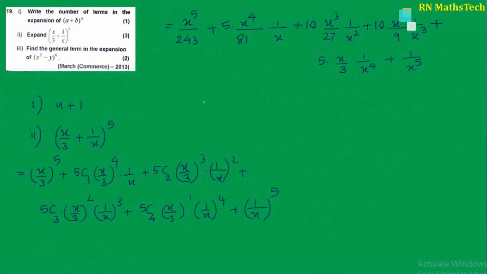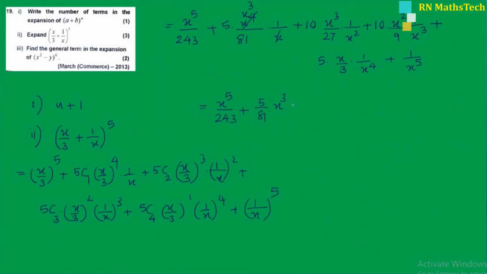Okay, so that's equal to x raised to 5 by 243 plus 5 by 81 x cube, x raised to 4 and x get cancelled, x raised to 3.